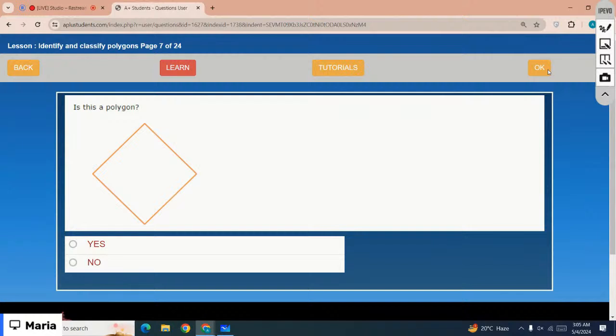Is this a polygon? Yes, it is a polygon, right?